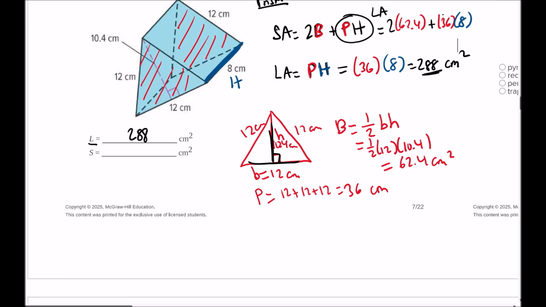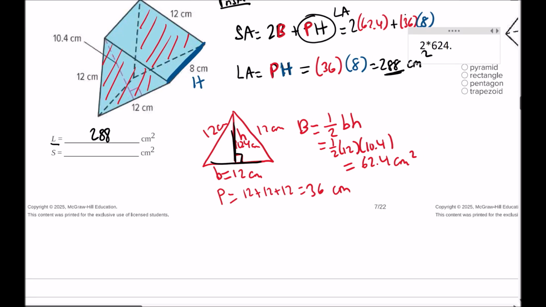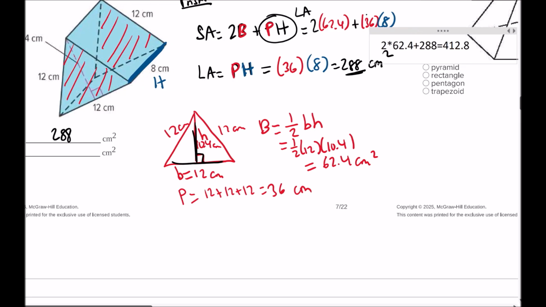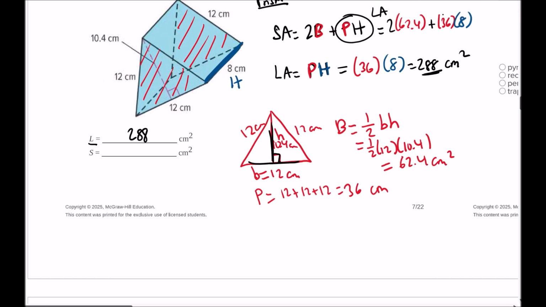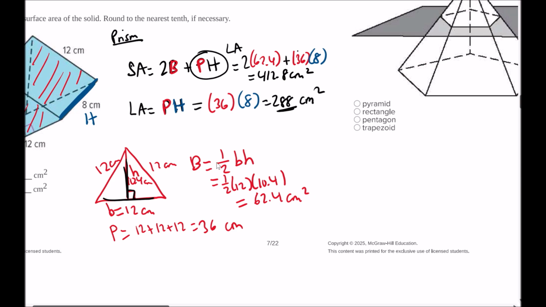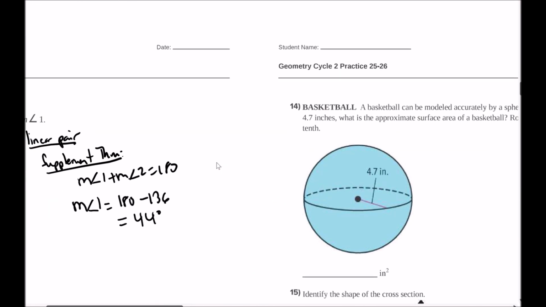So 2 times 62.4 plus 288 is going to give us our total surface area, which is 412.8. So there you go, 412.8. That's number 13. Let's move on to number 14.